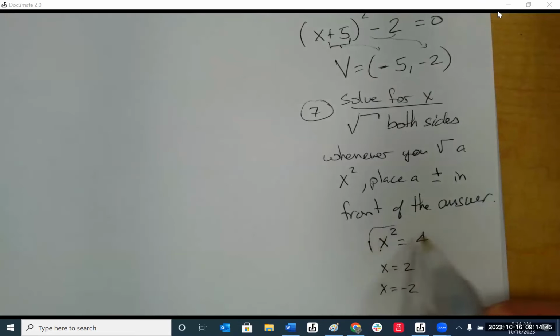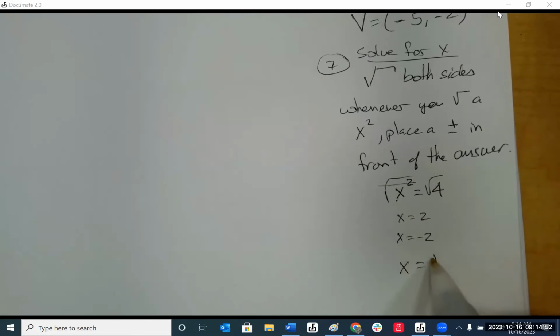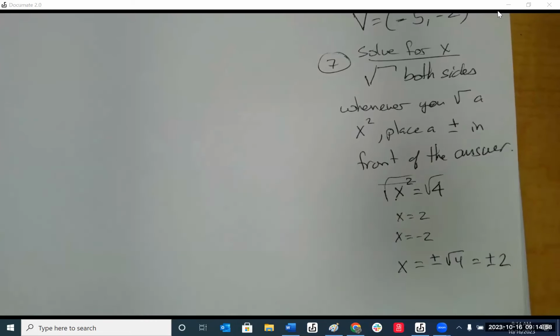So when I square root both sides, the square and the square root cancel, and I get a plus or minus square root of 4, which is a plus or minus 2. So whenever you square root something squared, put a plus or minus in front of it.